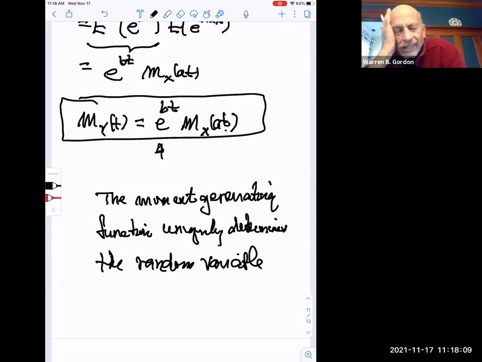It means given any random variable, it has a unique moment generating function. And given any moment generating function, there's a unique random variable that has that. That needs to be qualified in a more advanced course about something about a set of measure 0, which we're not going to worry about in this course. So the moment generating function uniquely determines the random variable and conversely. So if you know one, you know the other.